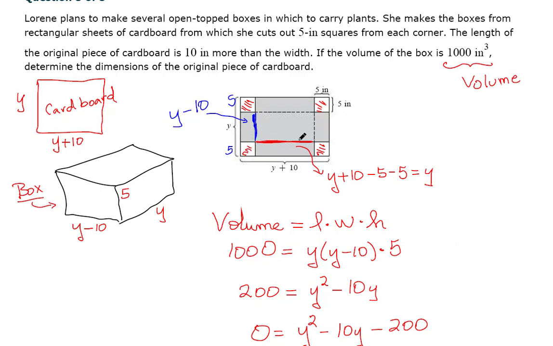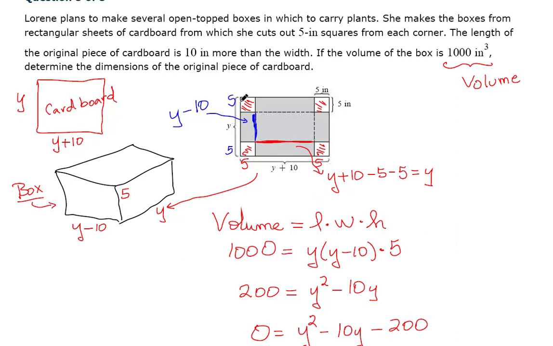And so when I fold this thing up, where this used to be y plus 10, I now have chopped out 5 here and 5 there. And so what I get is y plus 10 minus 5 minus 5. And so the length is really now y.